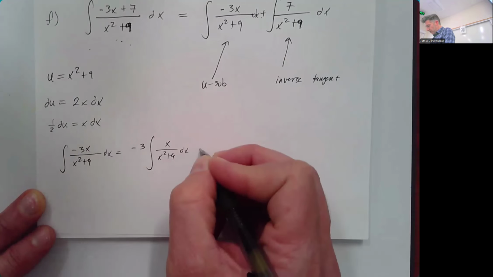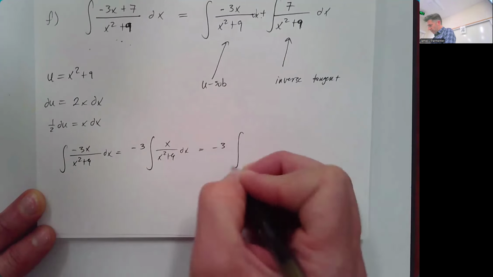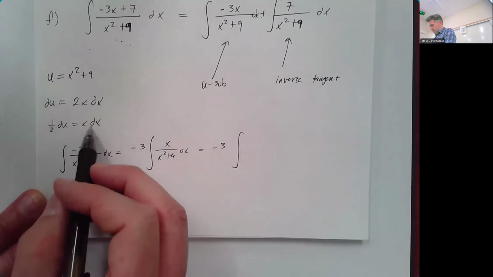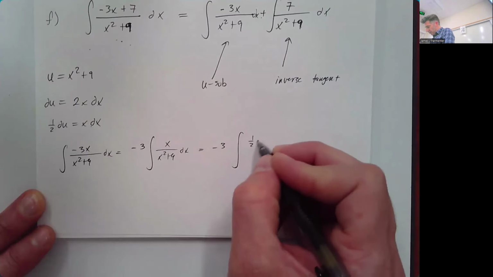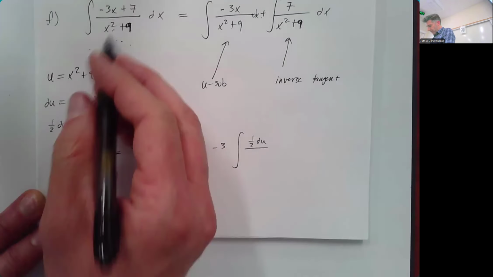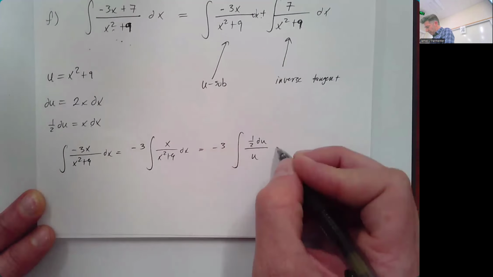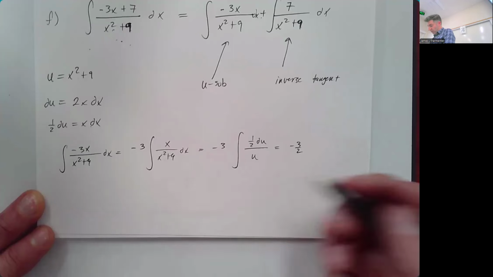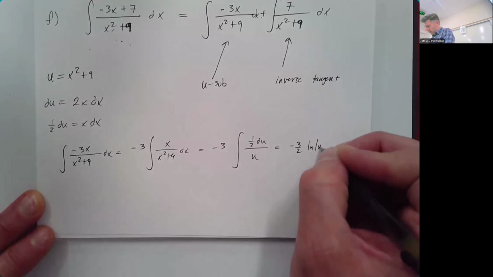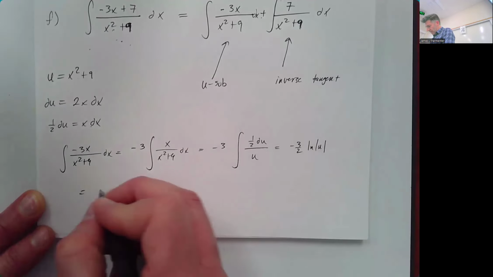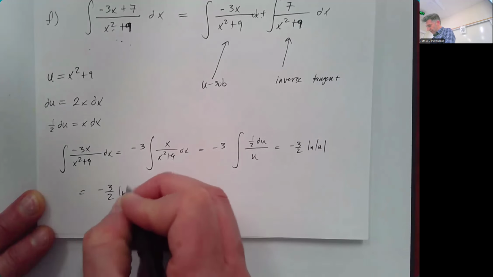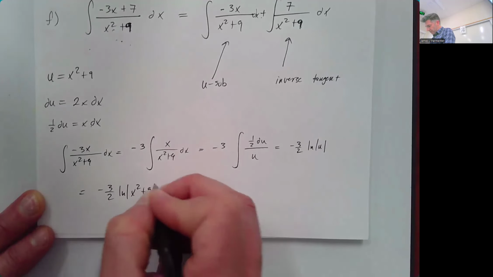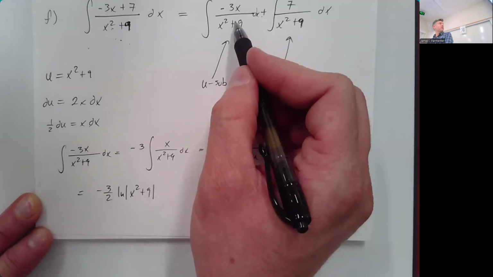The x dx is going to be 1/2 du, and the x squared plus 9 is going to become u, so that ends up being negative 3/2 times the integral of 1 over u, which is the natural log of the absolute value of u. So we end up getting negative 3/2 times the natural log of the absolute value of x squared plus 9. That's what that first part is equal to.